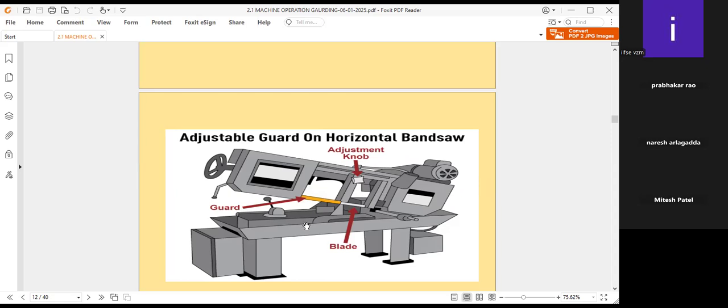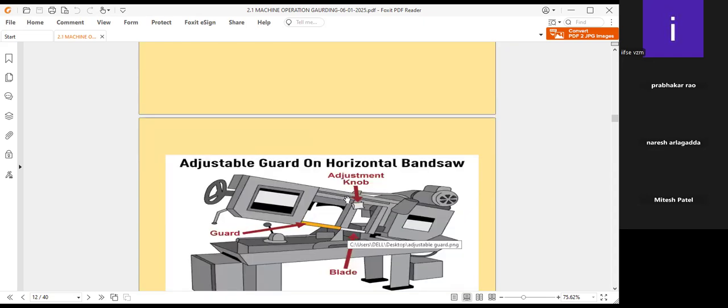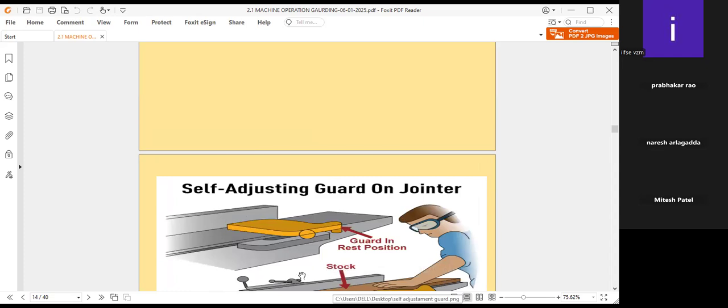Self-adjusting guards. Self-adjusting guards mean a man can take care of the machine, whether a hydraulic machine, an electrical machine, or a mechanical movement. Here, self-adjusting means a man can adjust the required gap.